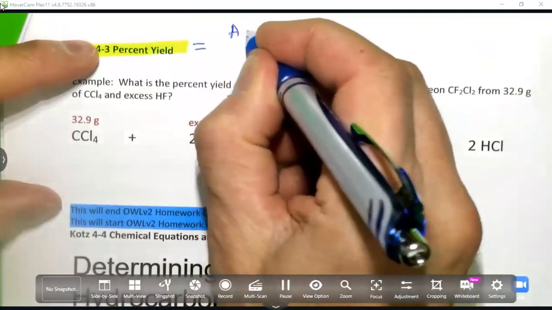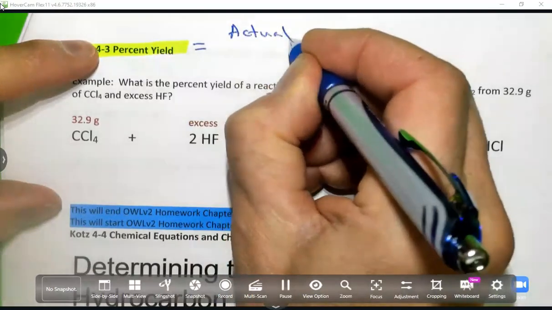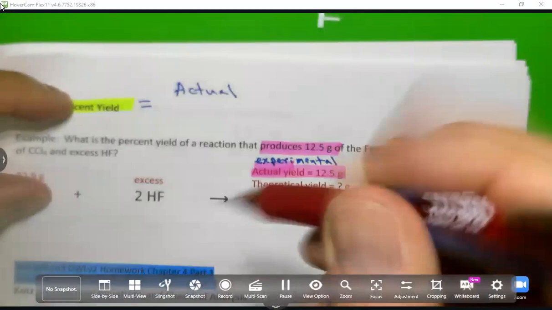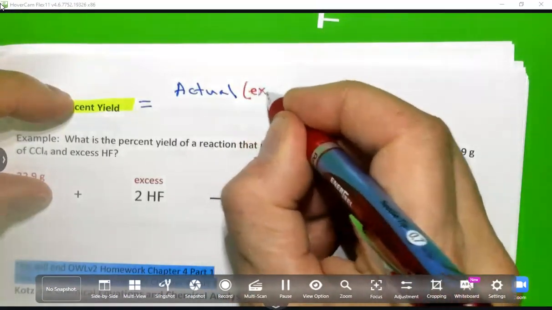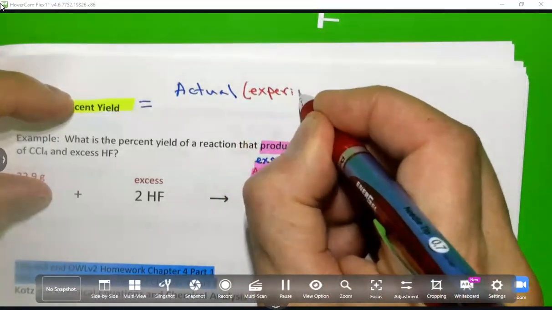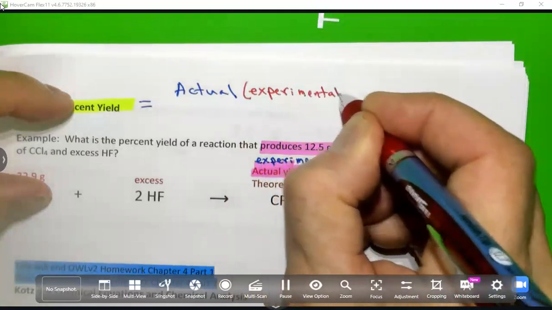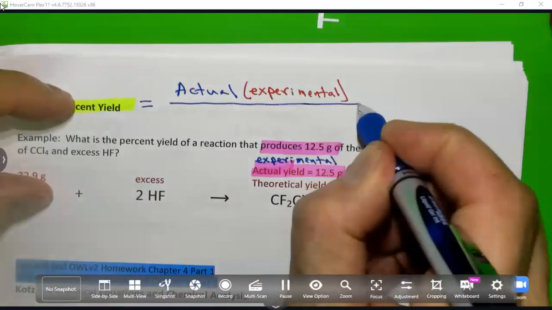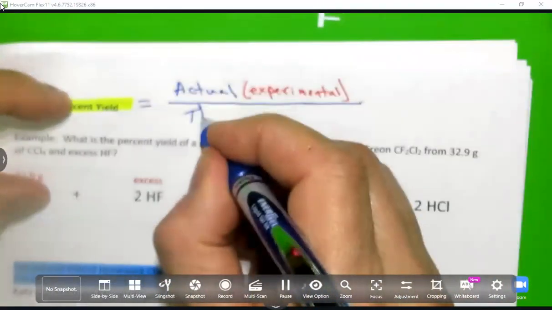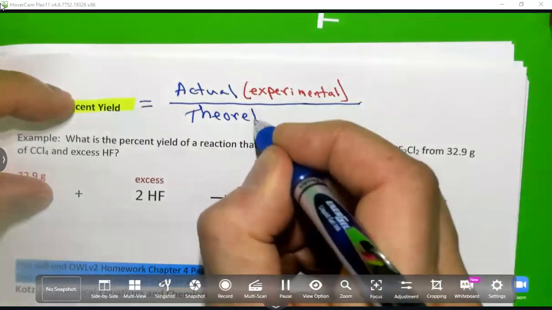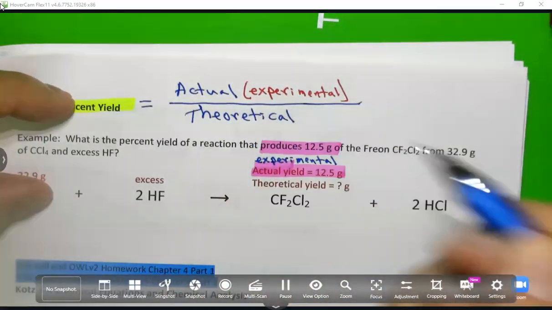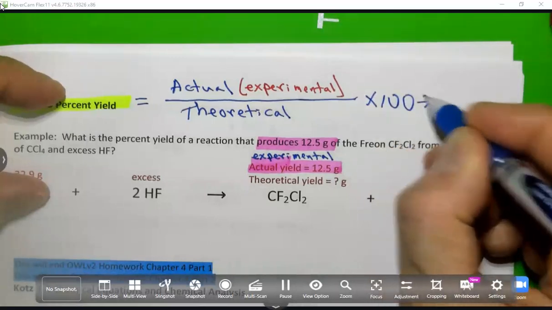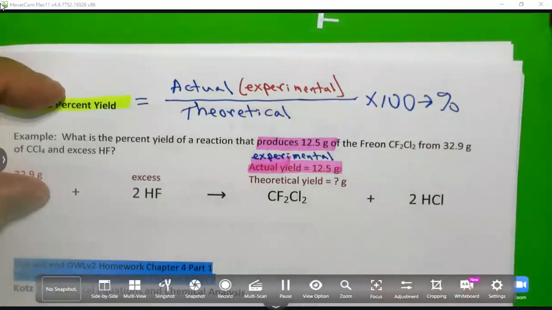It's the actual, which is typically your experimental, divided by your theoretical, what you should have gotten. And times 100, and then we just add the percent sign.